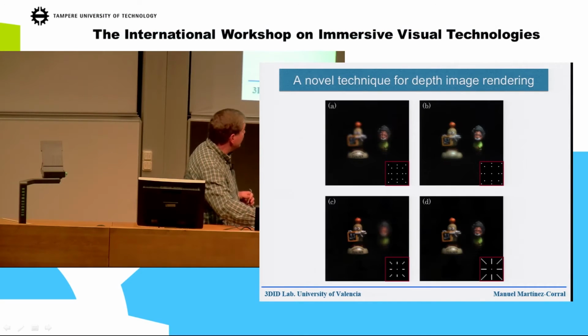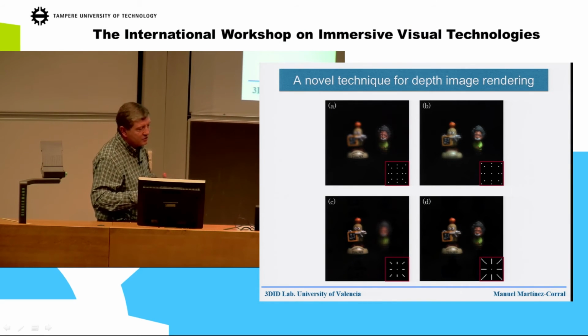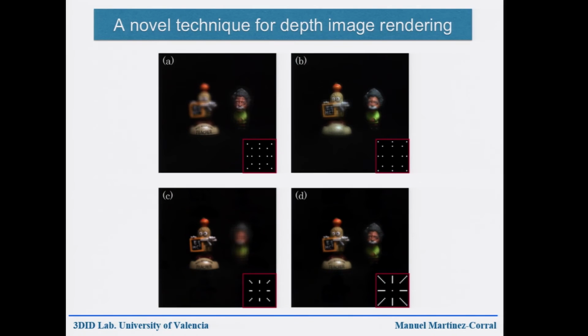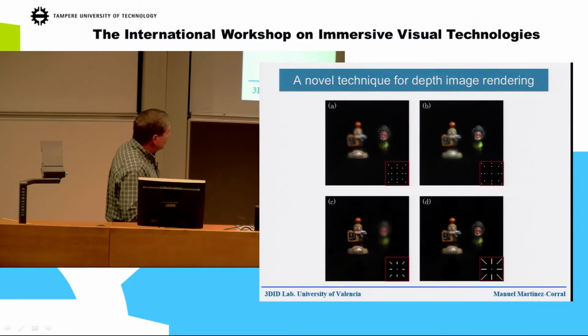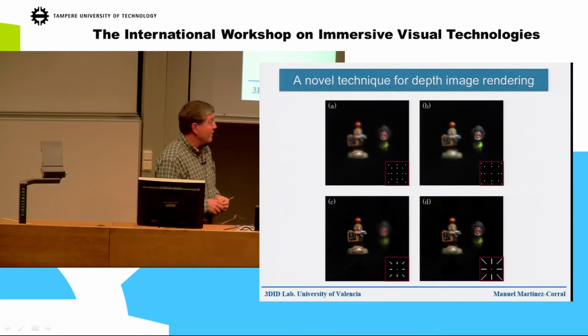Anyway, this technique allows some extra digital processing. For example, top left, we can reconstruct simultaneously in two different planes, for example, the plane of teacher and the plane of Albert, simultaneously. Or, for example, we can make an all-in-focus image in bottom right.